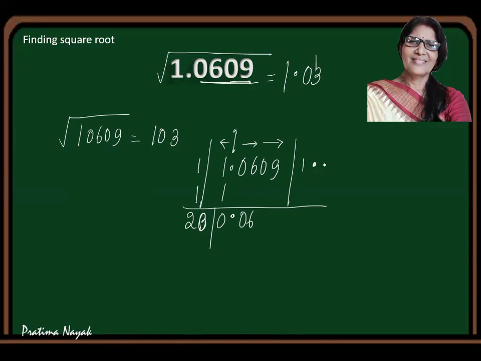Not 3, 0. 20, because 203 would be greater than 6. It should be 6, 0, 9. 20 plus 0 is 20. Now I'll put 3. So 6, 0, 9. So what is the answer? The answer is 1.03.